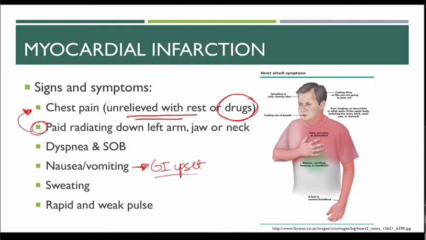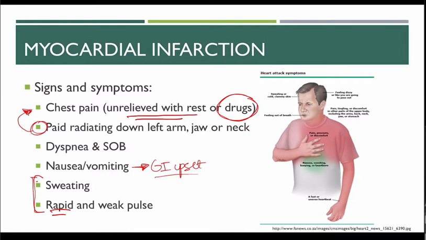And it's helpful to think this through, so you don't just have to memorize this list. Both sweating and rapid pulse are signs that they're having a big sympathetic stimulation. The body is aware that things are going poorly. And most often during the myocardial infarction, the heart isn't functioning very well, right?